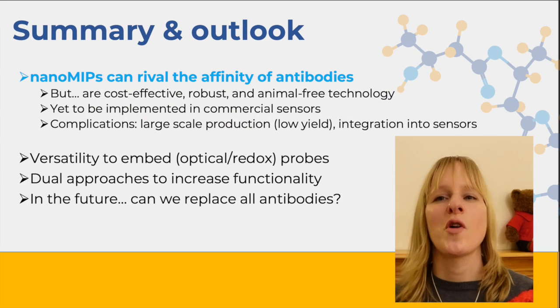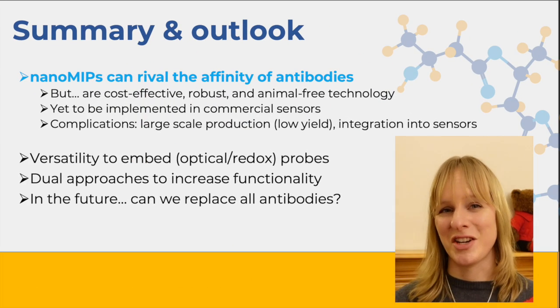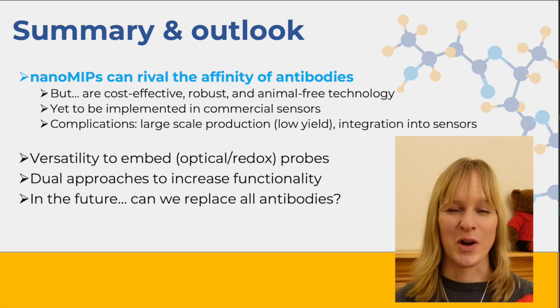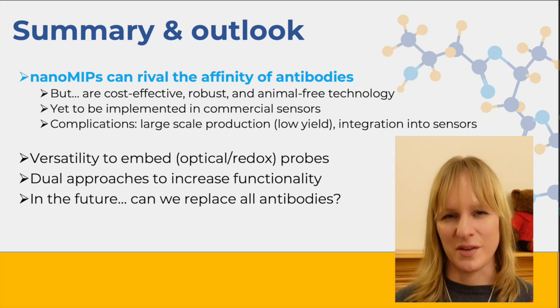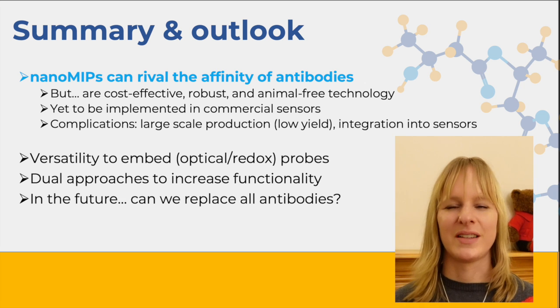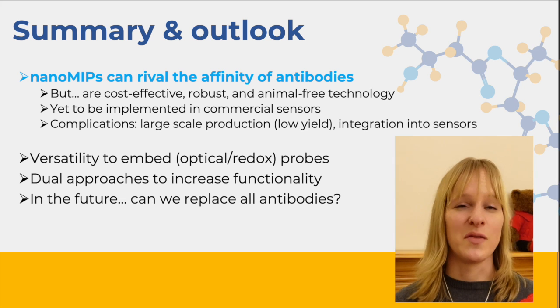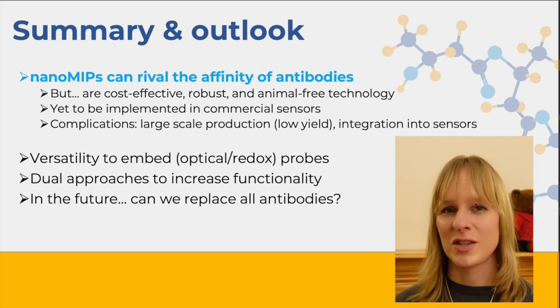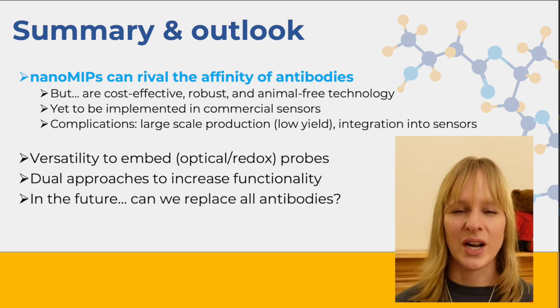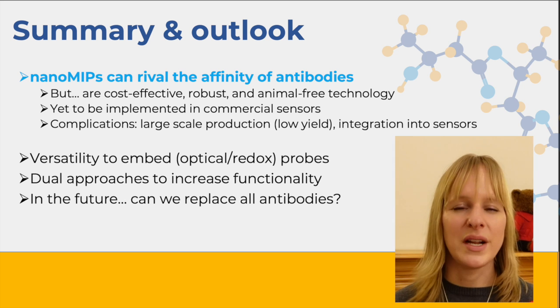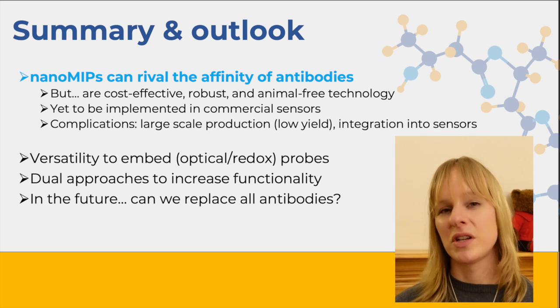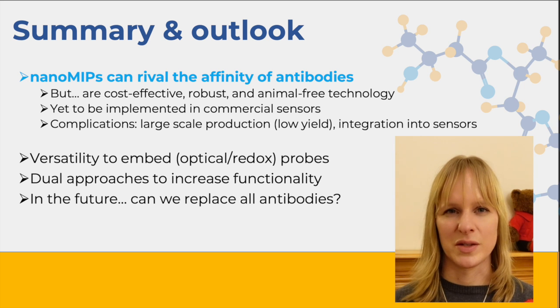So let's go over a brief summary of what we can actually achieve with these molecularly imprinted nanoparticles, or nanoMIPs. Well, I would say they can definitely rival the affinity of antibodies, but they have advantages: they're very cost effective, very versatile, very robust in terms of withstanding pH and temperature, and of course this is a completely animal-free technology, so it has some ethical aspects as well.